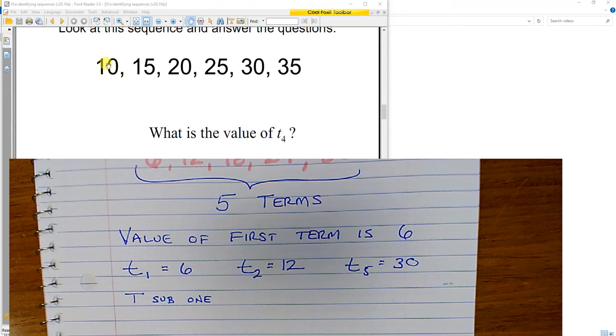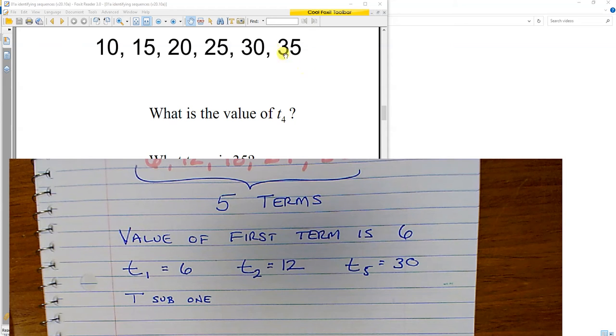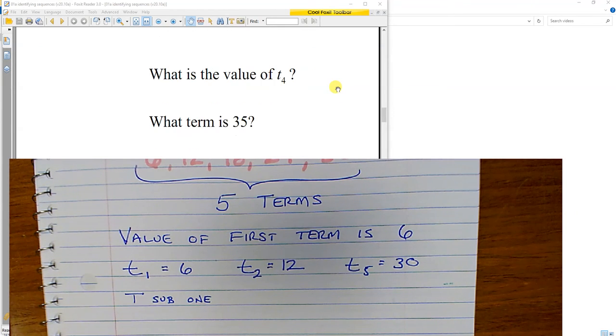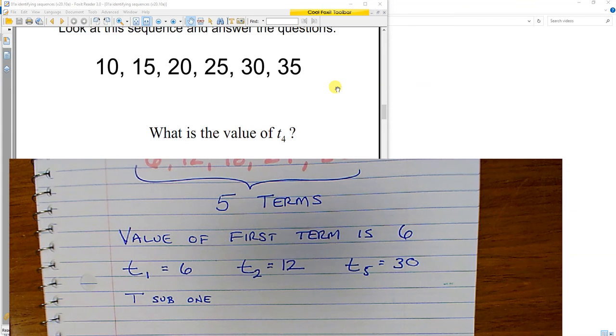No, this is t sub 1. 35 is actually t sub 6. So t sub 1, t sub 2, t sub 3, t sub 4, t sub 5, t sub 6. It's like an address for a house. Who lives at t sub 4? 30 does. Who lives at t sub 3? 20 does. What's the address of 35? T sub 6.